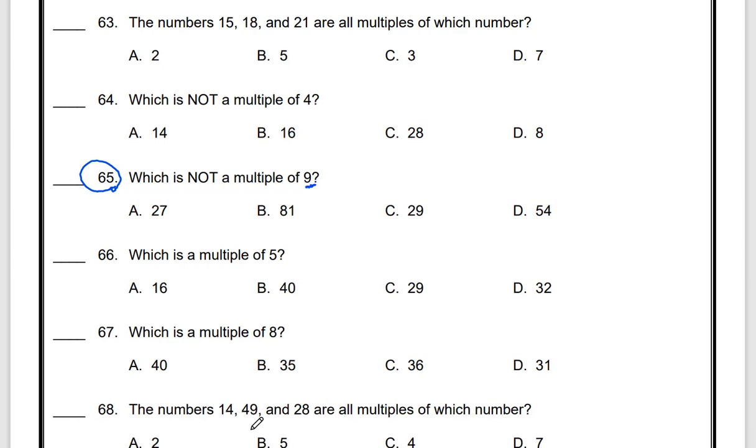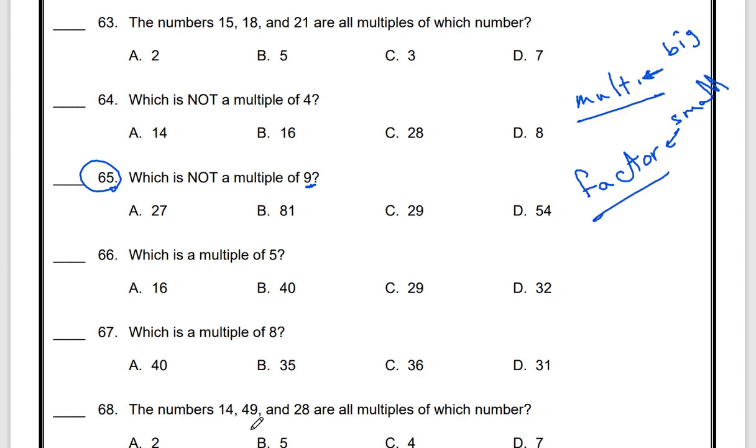And my heroes, remember that the multiple is bigger than the number, and the factor is smaller than the number. So you need something more than 9, which is not in the timetable of 9.